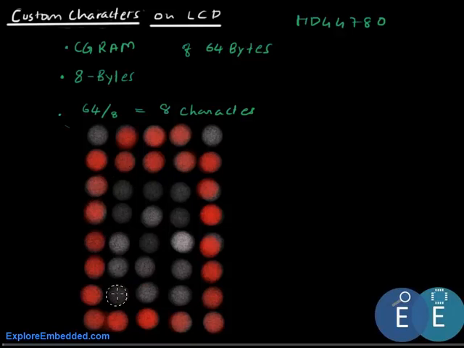Say we want to show battery full or battery half, and increase its level, as the battery charges, showing battery charging up. So say we want to display this particular character on CG RAM.